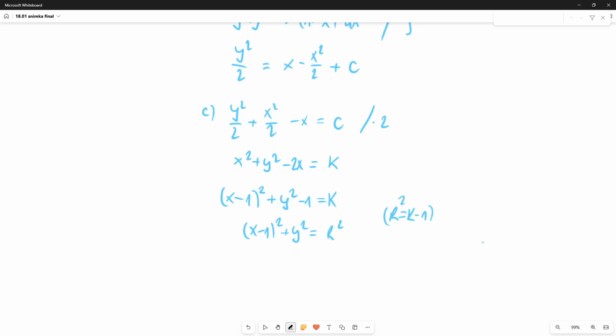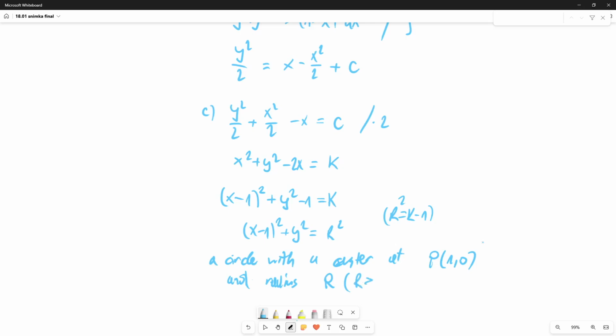This is obviously a circle with a center at (1, 0). So the center of the circle is at the point P, and radius r. Of course, r is greater than 0.